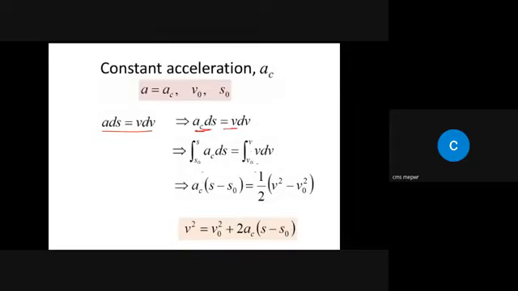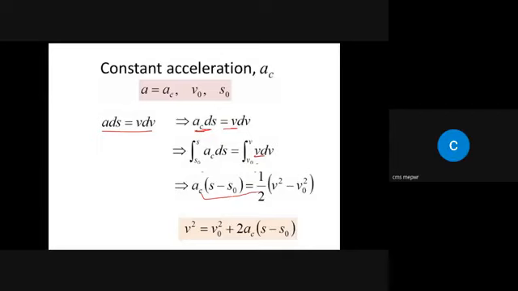Over here, when you find the integral of v with respect to dv, this will become v square by 2, and when you put the limits, half v square minus v naught square. Now when you arrange this, take this 2 on this side. This will become 2a times s minus s naught, and over here we get v square minus v naught square.